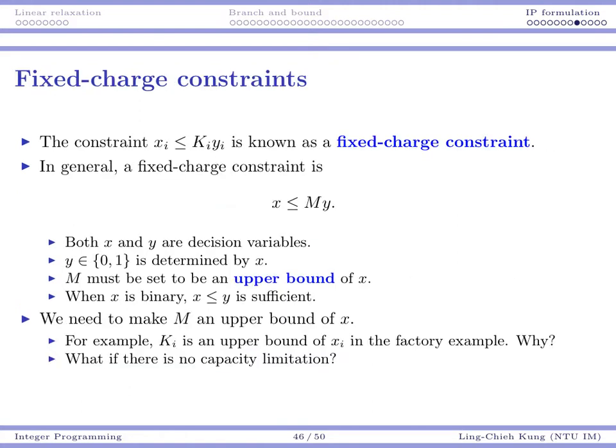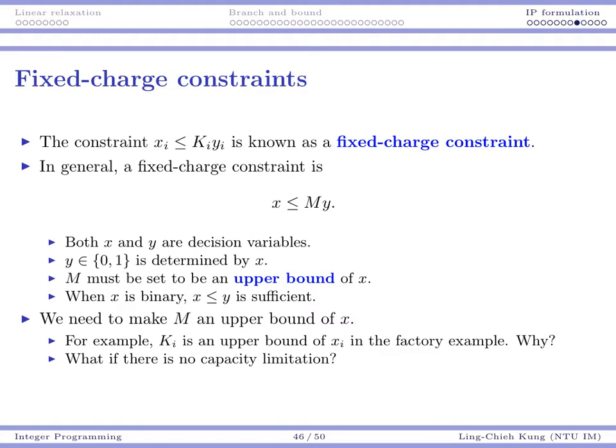Let's look at the fixed charge constraint again. This constraint is known as the fixed charge constraint. In general, it looks something like this. X and y are decision variables. M is a very large constant. Y is binary. X is fractional. And we can say that X determines the value of Y. When X is 0, Y is 0. When X is positive, Y is 1.